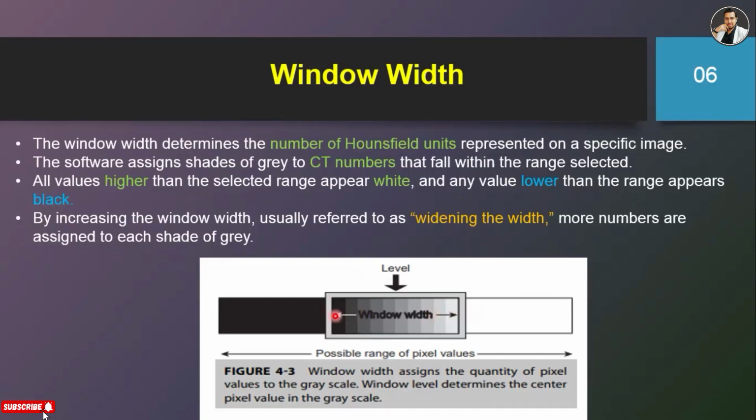So, the window width expresses the range of the Hounsfield units. We can increase the window width or decrease it. The window width will be the range of the gray scale.